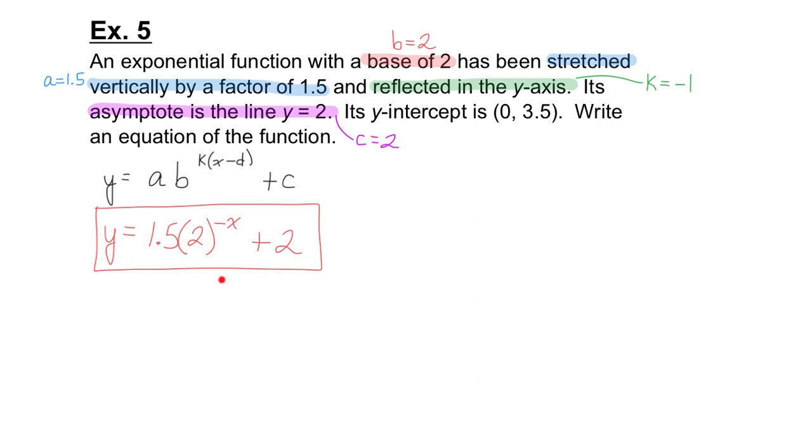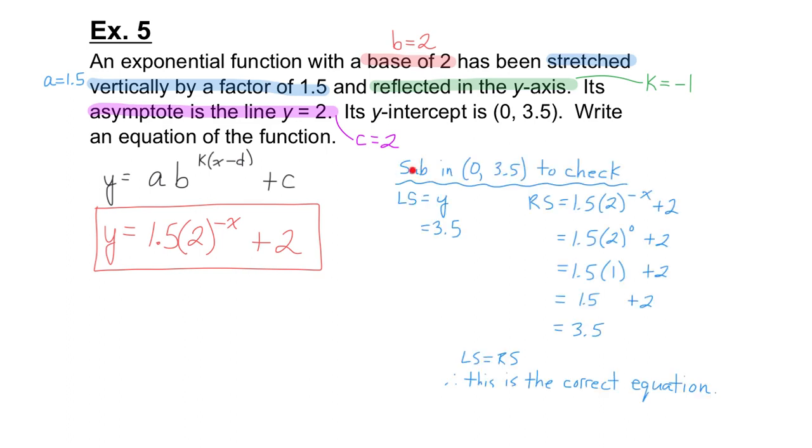So this is the equation I've come up with based on my highlightings here. Now this part here, the y-intercept is (0, 3.5). So when x is 0, y should equal 3.5. So I can use this to figure out if this is actually the equation. Because if it's not, I know that I have to have a different d value in my equation.